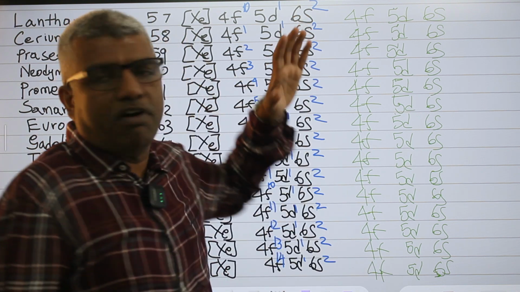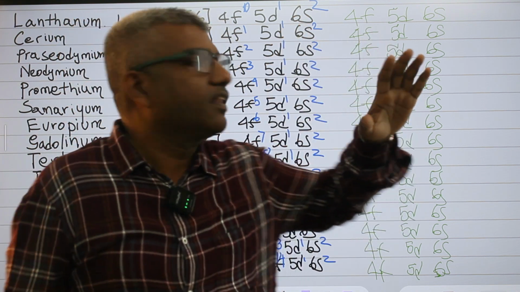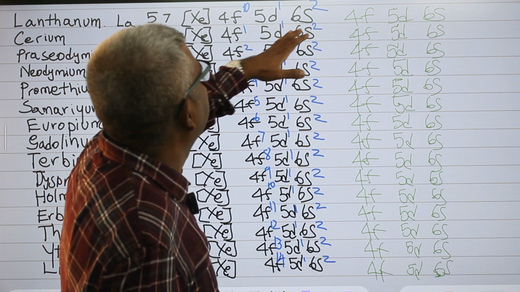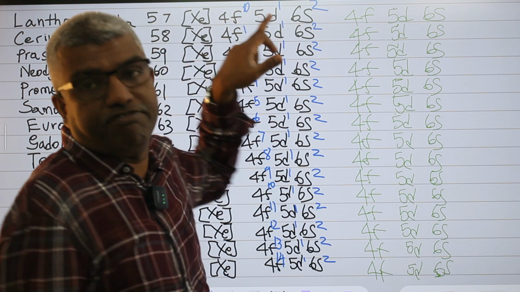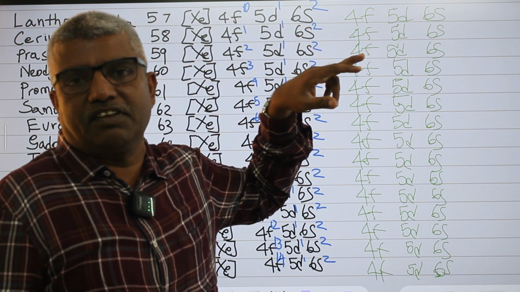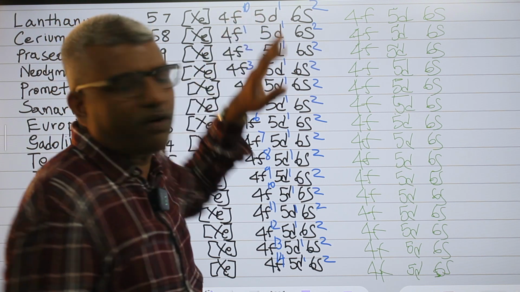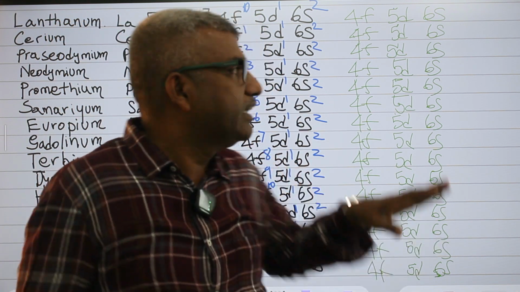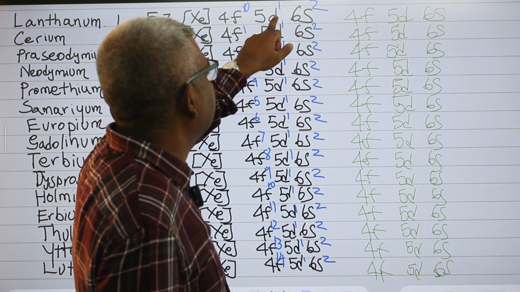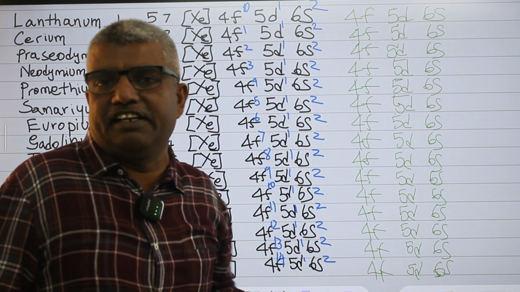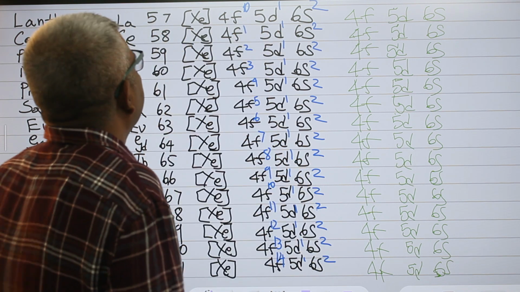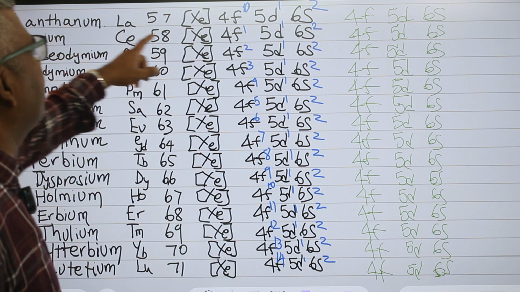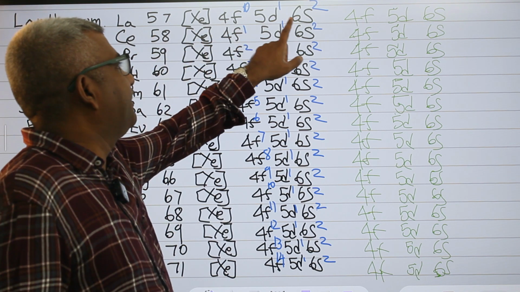Actually, as per the Aufbau principle, it has to enter 4f instead of 5d. But 4f and 5d are at nearly the same energy level, so the first electron enters the 5d level: 5d1. So lanthanum's electronic configuration is 4f0, 5d1, 6s2.